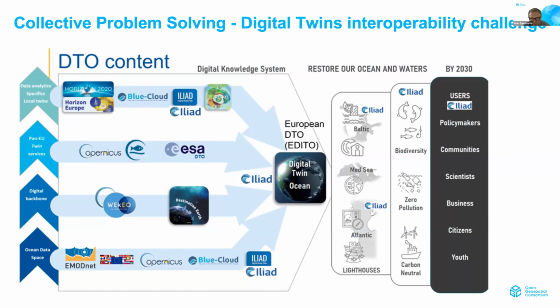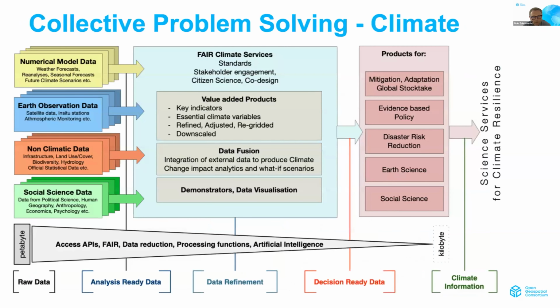But the local data is naturally different from the global one, and this is solved already by this community with this high resolution and well coordinated data. Because we have two dimensions. One is the data sources, and the other one is the data levels, or decision-ready levels, which are coming from the raw data to really services, decision making support services.